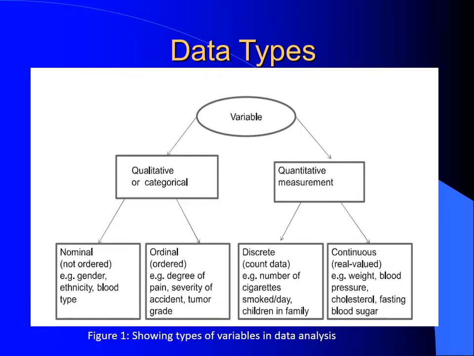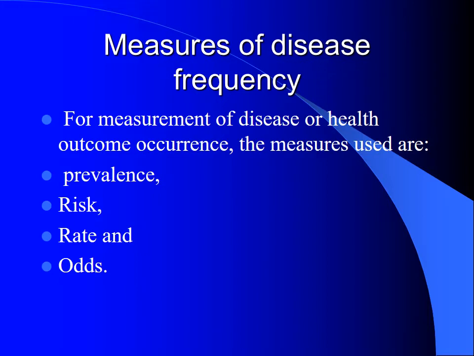We'll be counting the number, and with the help of some measures, we present the disease burden. For measurement of a disease or health outcome as a whole, the measures broadly used are prevalence, risk, rate, and odds.